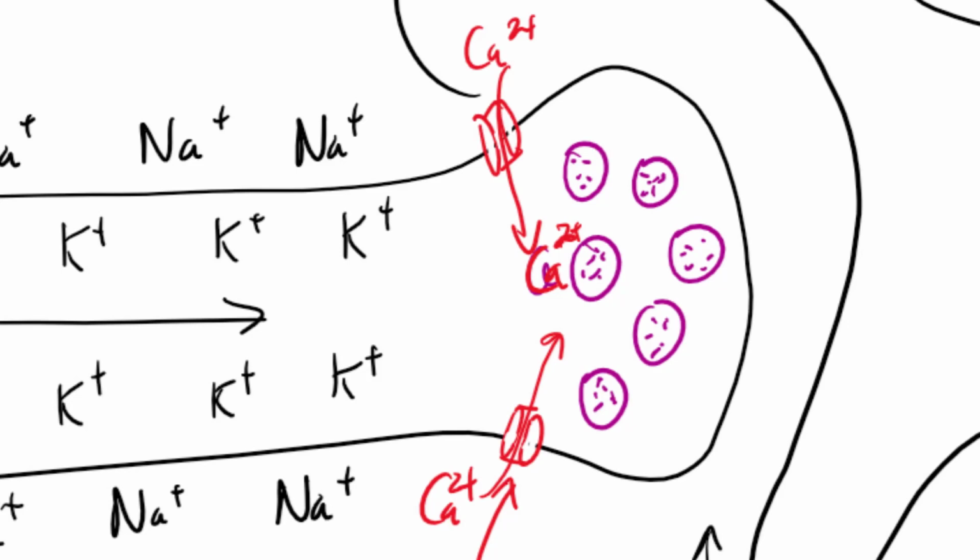And what they do is they cause them to go and bind with the presynaptic membrane. I'm going to draw a new picture here in a sec, and then they're going to empty their contents.